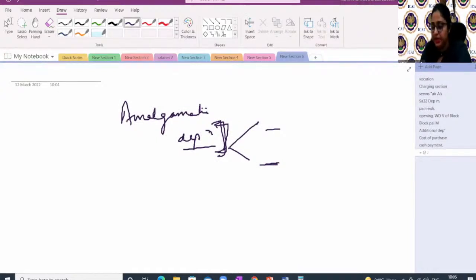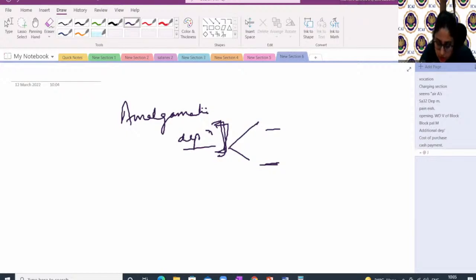Please study, read, understand. हमने speculation business we did not do. Rates of depreciation would not be given, Khushi. We have not done speculation business, but we have covered maximum part of it.